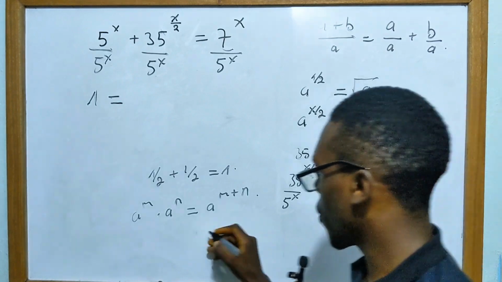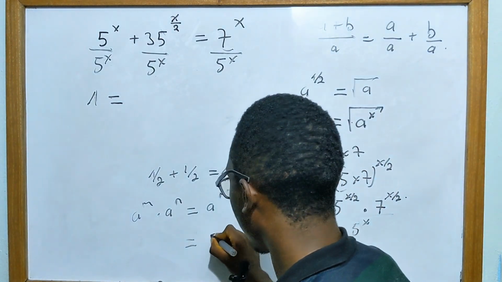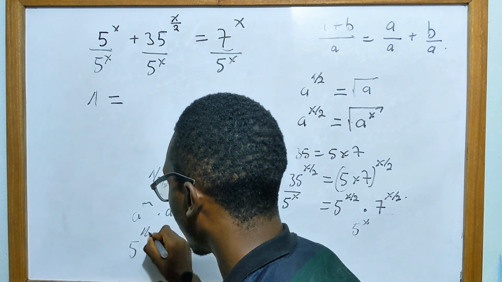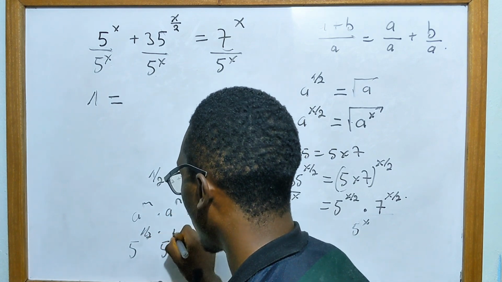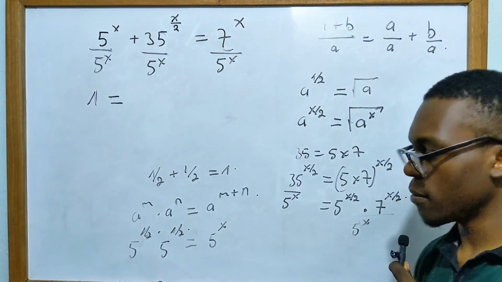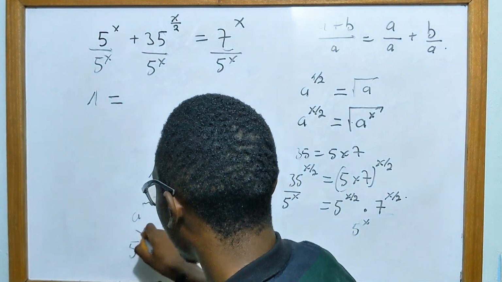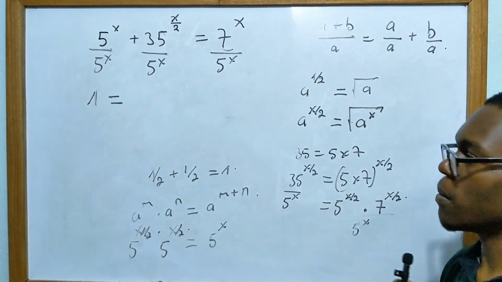If you take a look here, for example, 5 to the power x will be equal to 5 to the power half times 5 to the power half. Are you seeing it? X on 2, sorry. So that if you add them up, you are going to have this back.